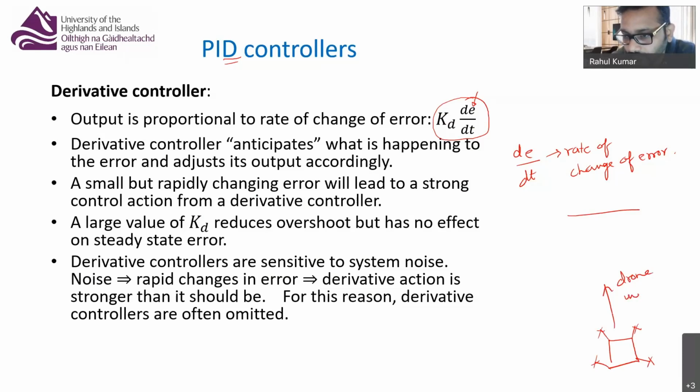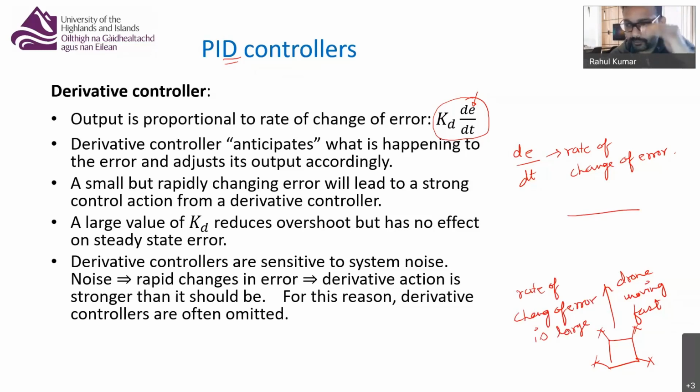Drone moving fast, right? If the drone is moving very fast towards the finish line, that means the rate of change of error is very large, right?